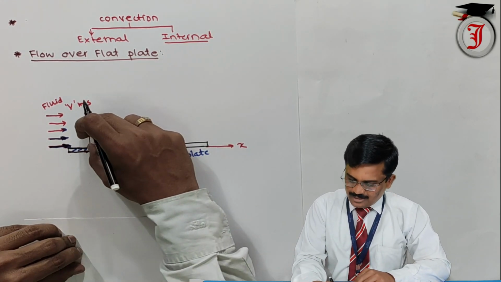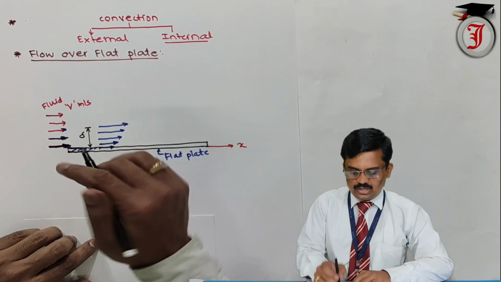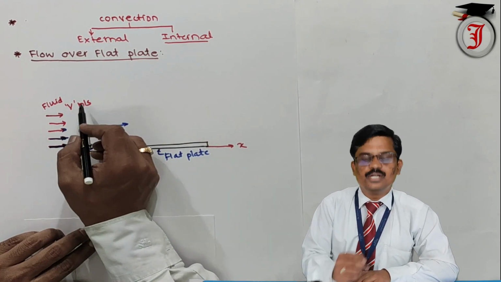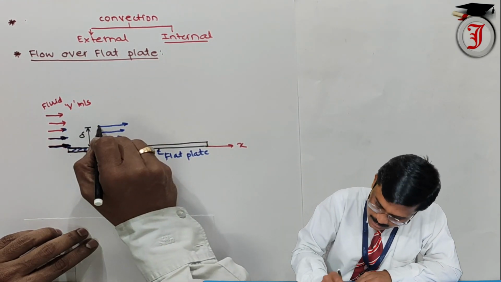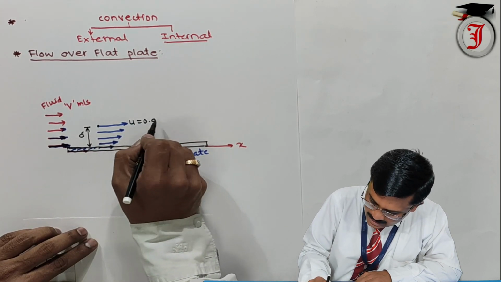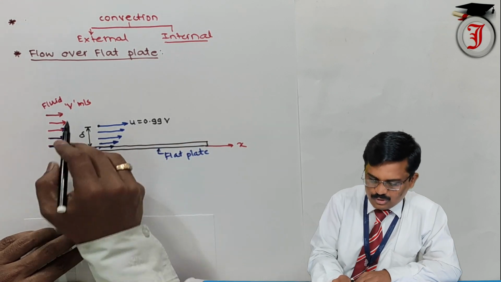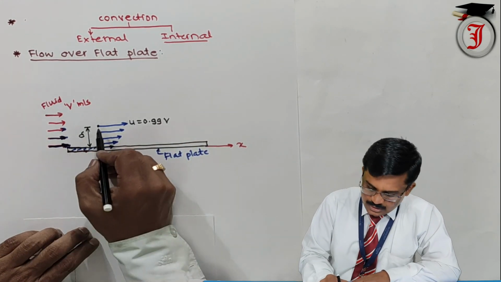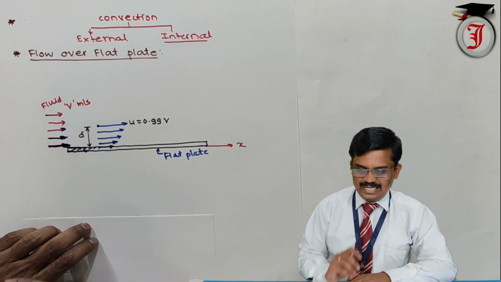After some distance delta in the y direction, there is no effect of this flat plate on the free stream velocity. At this point we can say the velocity is equal to 0.99 of the main stream velocity V. So this is delta.